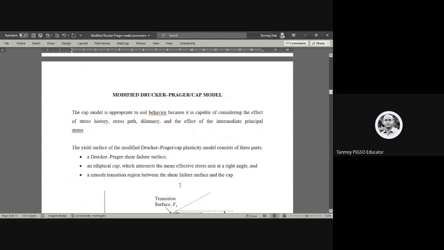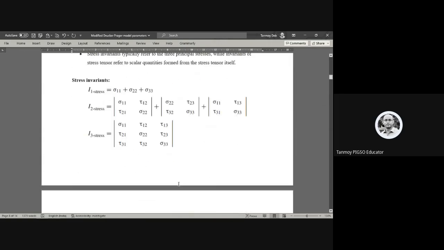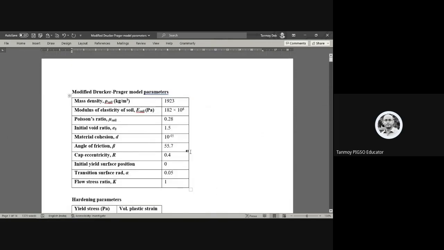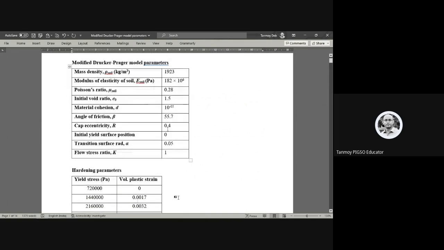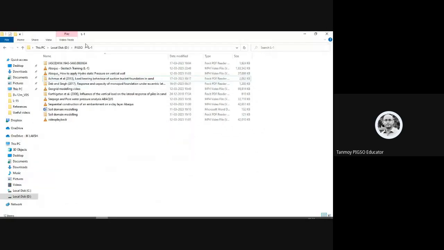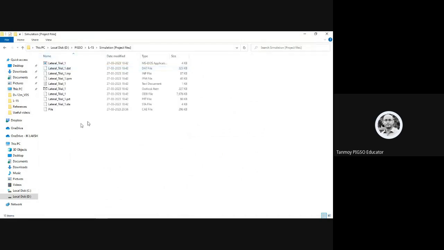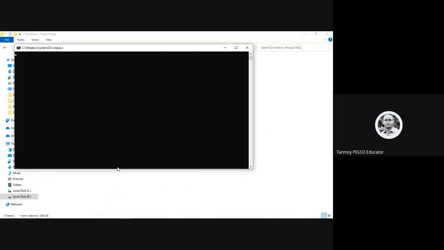Now I have taken some values from Sam Helwani. These values have been taken from a problem in Sam Helwani, and I have tried to simulate a pile foundation and how these loads are applied under several loading conditions.